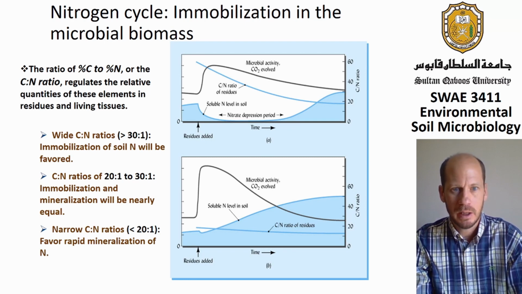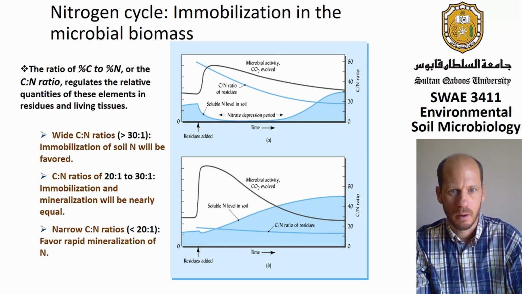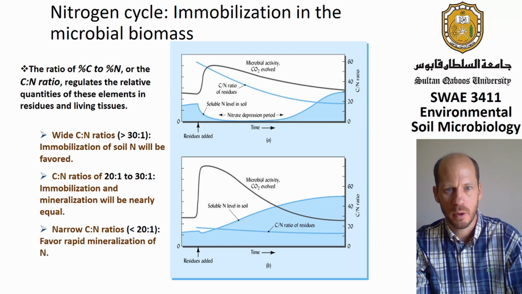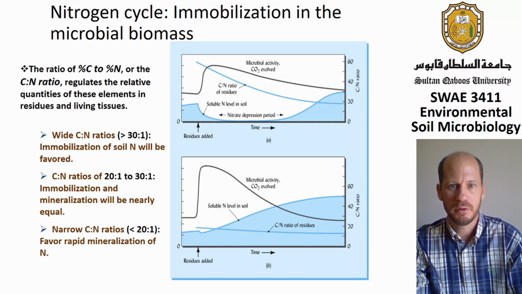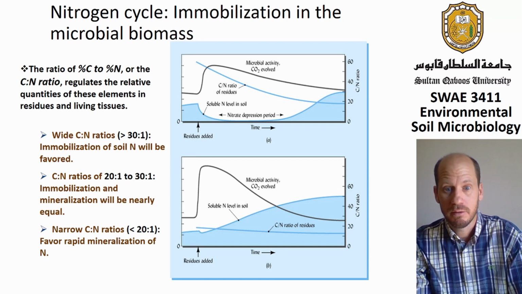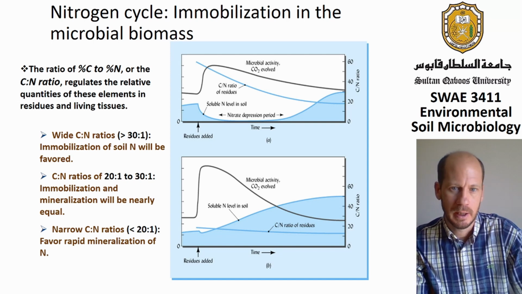So depending on how high the carbon to nitrogen ratio of the biomass that you add to the soil is, the speed of decomposition of this organic matter will change, and the availability of nitrogen in the soil solution will change accordingly.